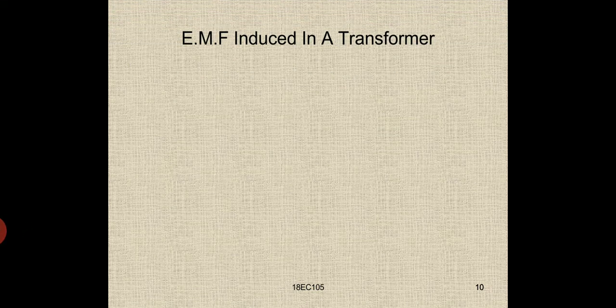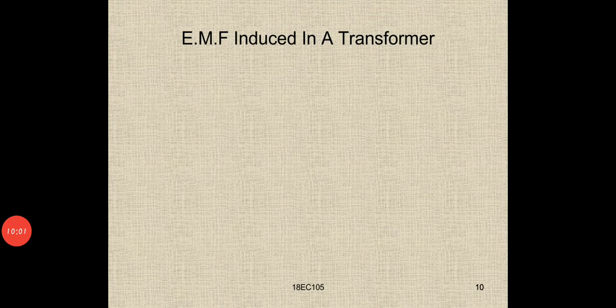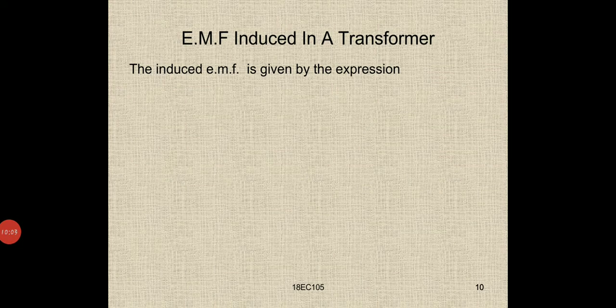Now let us look at the value of the EMF that is induced in a transformer. The induced EMF is given by the expression E equal to minus N d phi by dt. Just now we have discussed that the direction of the induced EMF will be 180 degrees out of phase, and here it is indicated by a minus symbol.